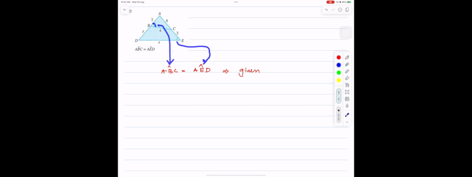This is angle B and this is angle E, and they have already given it in the statement. Second angle is BAC, which is equal to DAE. Since A is common in both triangles, that means it has the same value in both triangles.